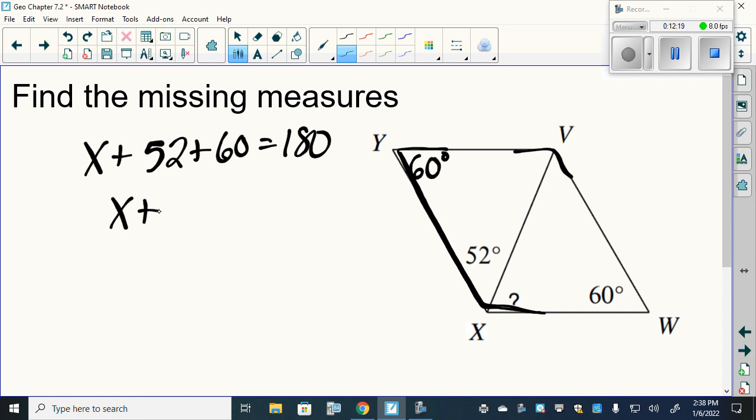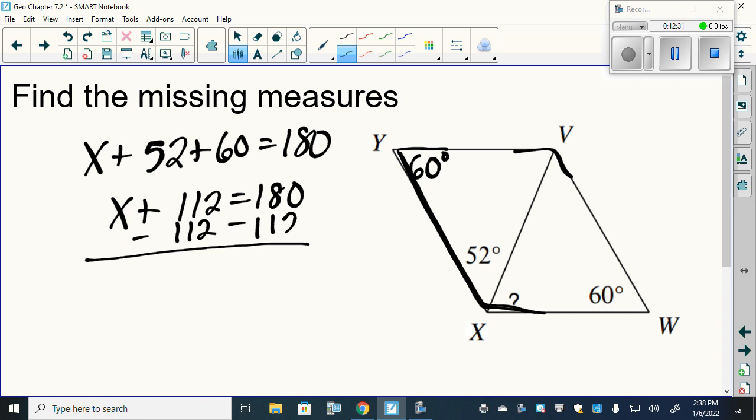Now we can combine our like terms, 60 and 52, which is 112, is equal to 180. And from here we can subtract 112 from both sides, telling us X is equal to 68. So this here is 68 degrees.